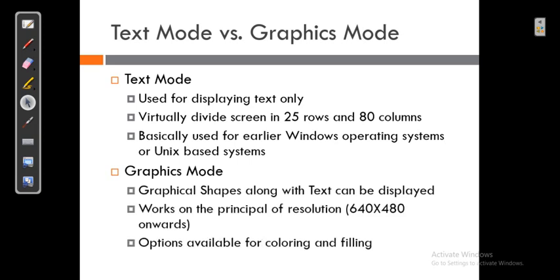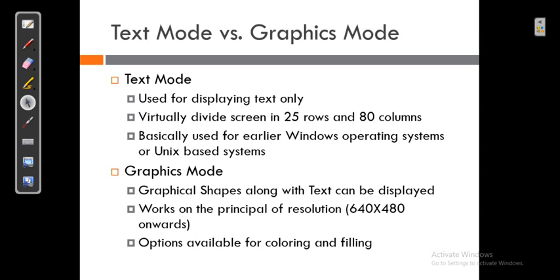The default mode, that is our text mode, is used for displaying only text. It virtually divides the screen into 25 rows and 80 columns. The earlier Windows operating system or the Unix based systems were using this particular segregation of the screen, 25 rows and 80 columns.